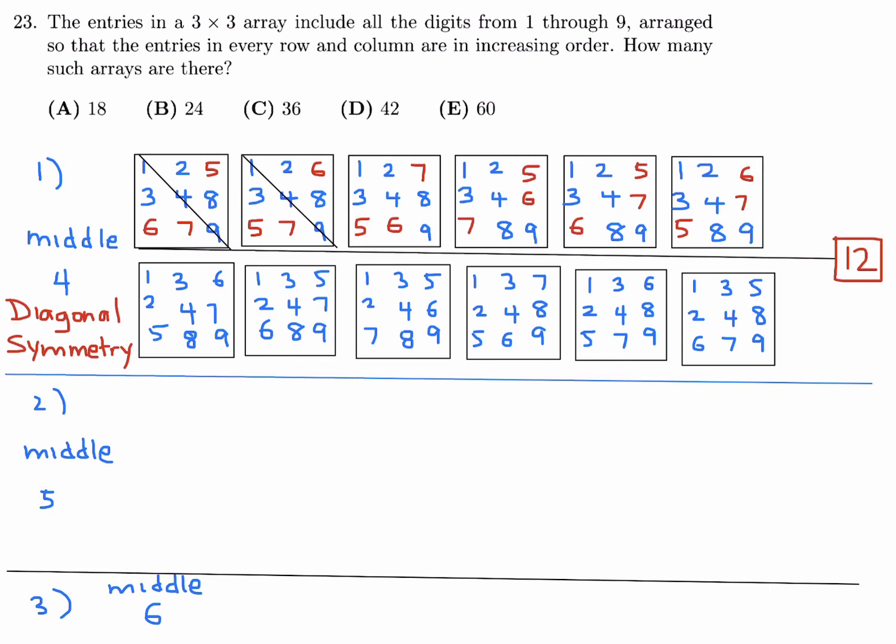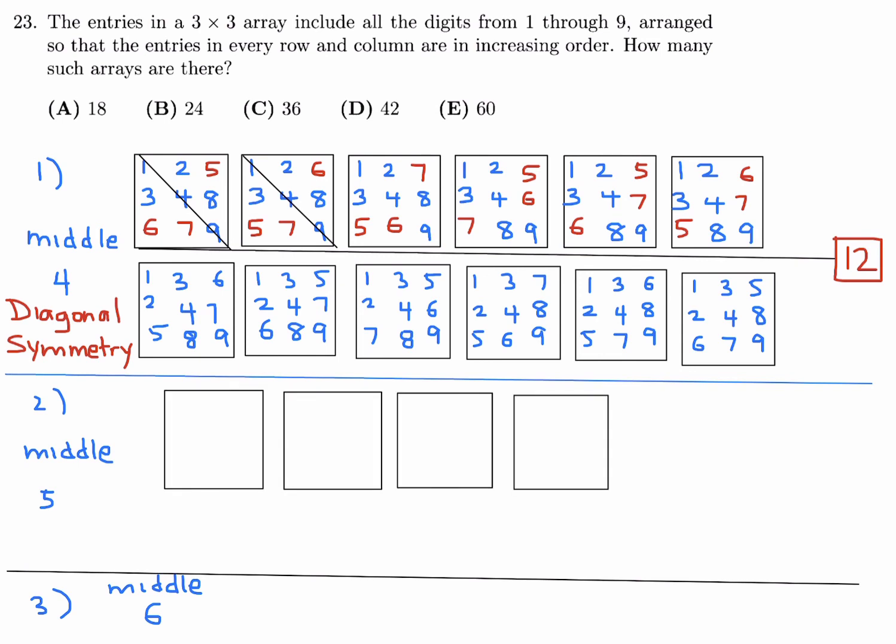So far so good. Now we got to go with the ones where the middle number is a 5. All right, so let's draw some of those. And as before, the 1 and the 9 have to go in those spots. That is the only way this will work. But now the middles are 5s like this. And we'll put in the first few scenarios.